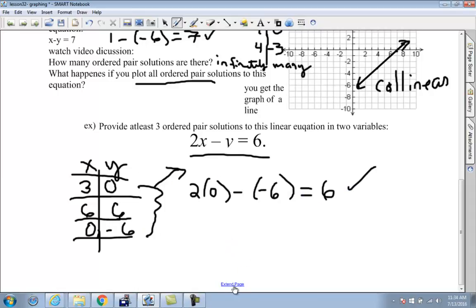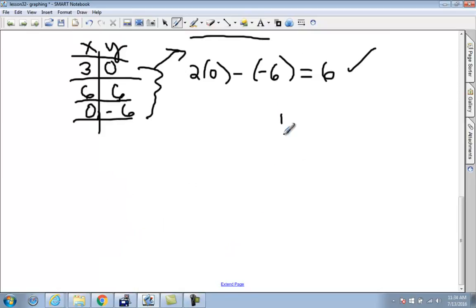Now, it doesn't say to graph them, but indeed, these are 3 ordered pairs. What I like to do, just as a visual check, and I'm just going to do a rough sketch, is see whether they would end up collinear. So 3, 0, 1, 2, 3, that's right here. 6, 6, 4, 5, 6, I'm just doing a rough sketch in my mind just to see that they're collinear.